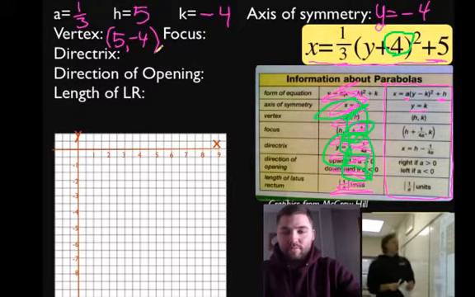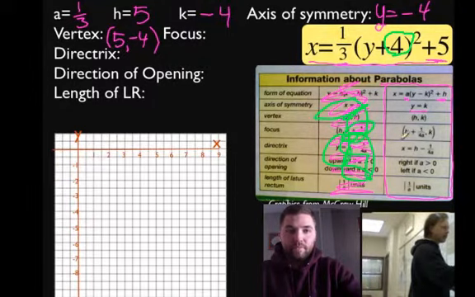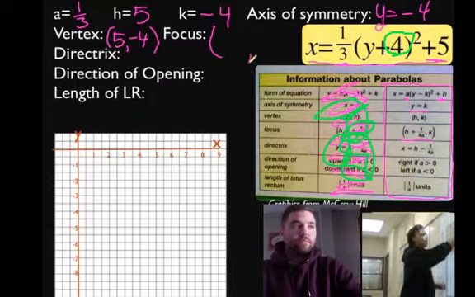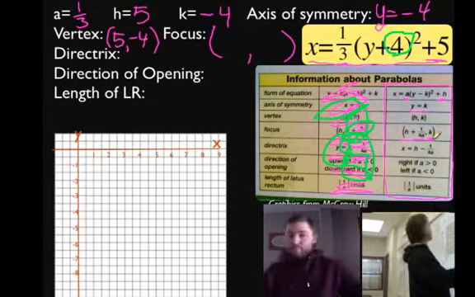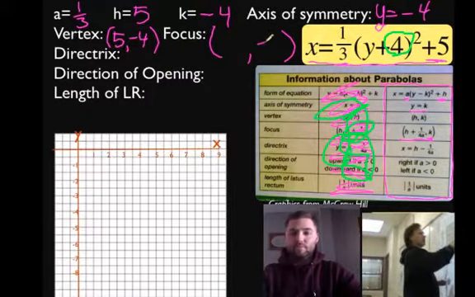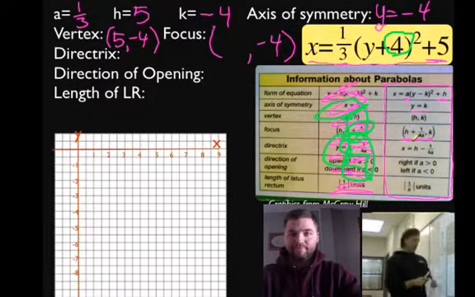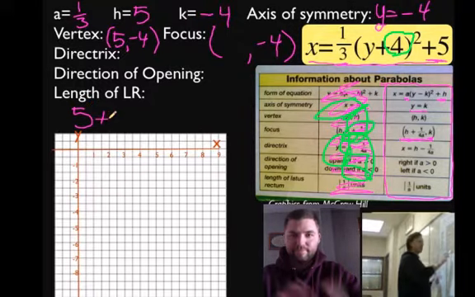All right, very cool. Now, the focus gets a little bit crazy here because it's a set of points, so we're going to go something comma something else. And the something else is k, so it's going to be comma -4. But figuring out h plus 1/4a usually causes some pain. So it's h, which is 5, plus 1/4 times a.